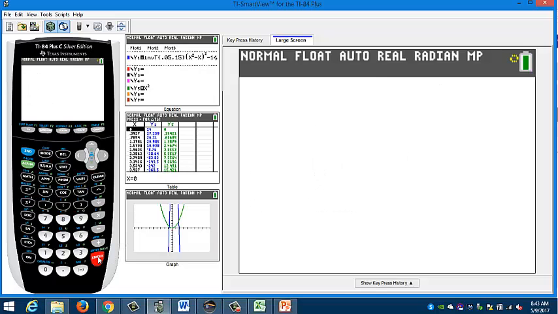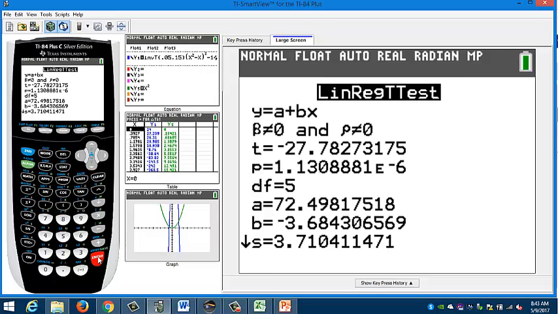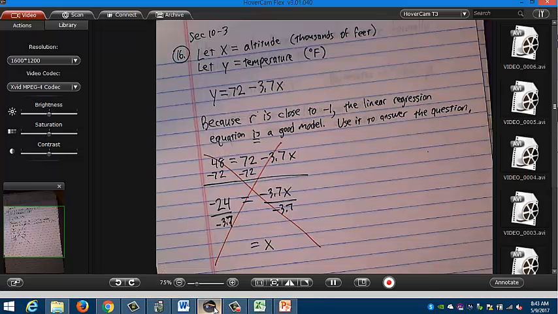You might say, well, Paul, why'd you do that? Well, because yesterday, when I wanted to do this, I wanted to write down our answer, right? So I wrote down y is 72 minus 3.7x. And then if I wanted to graph it, would you guys know how to graph this line?